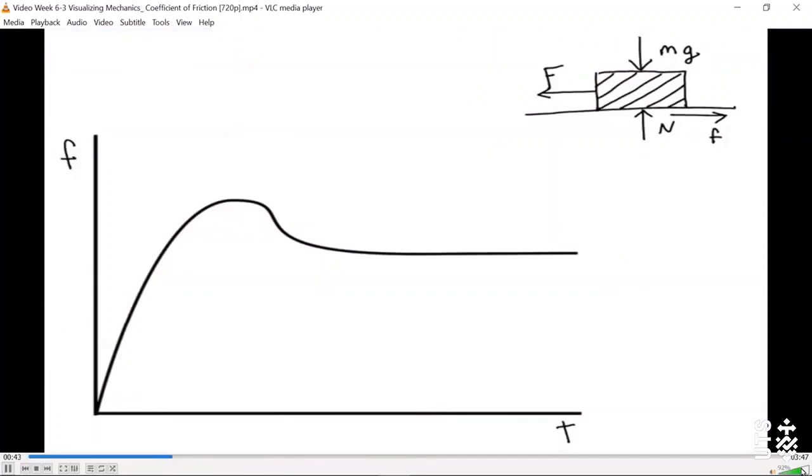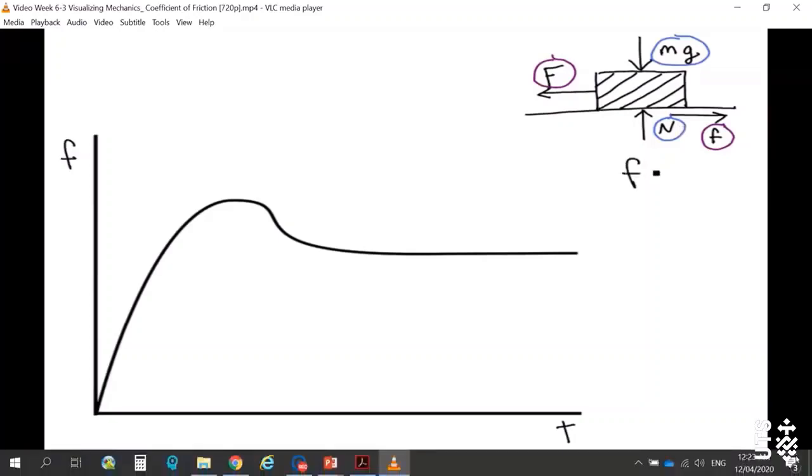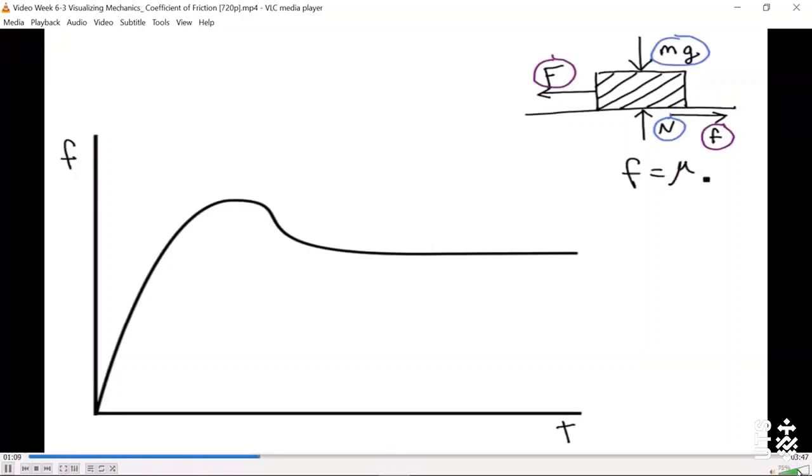So let's look at our free body diagram first. We have our weight acting down on the object, our normal force acting up on the object, and we have our force acting horizontally in one direction and our friction force acting in the opposite direction. Now, through Newton's second law, we can derive that our normal is going to be equal to our weight. So our friction force equation is going to be equal to mu times mg.